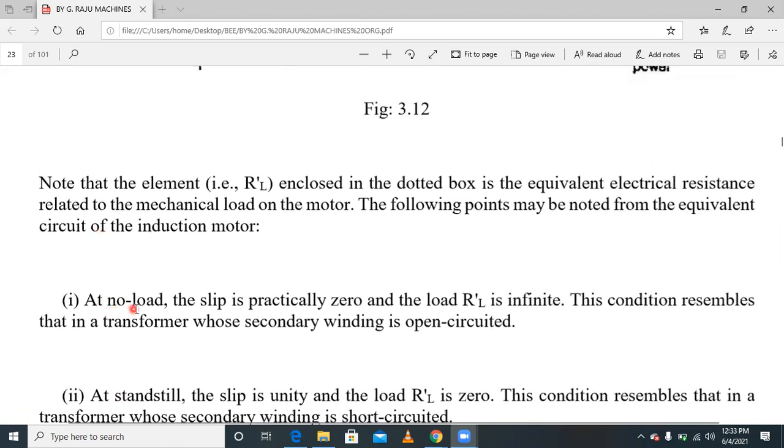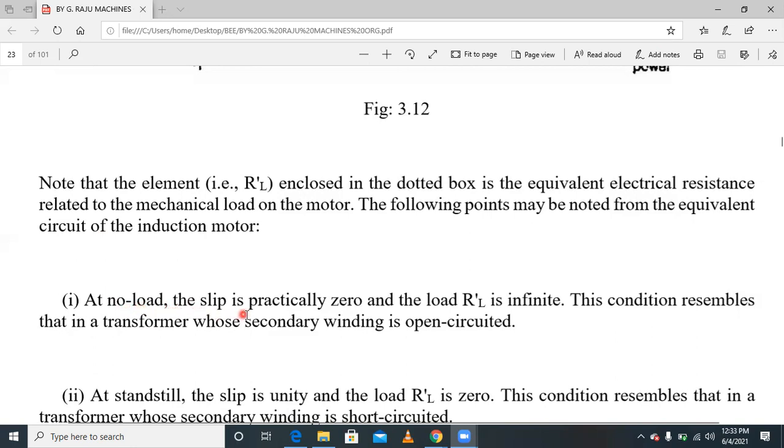First one, at no load. At no load means there is no load on the machine. That means the induction motor is not connected to any mechanical load. The output of the induction motor is mechanical, and it is not coupled to any machine or device.